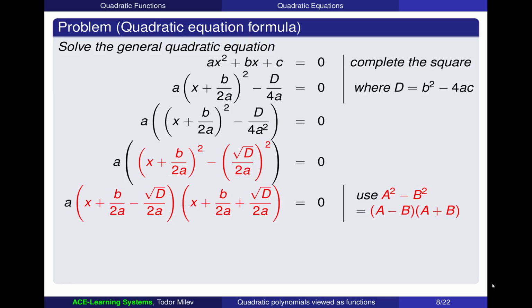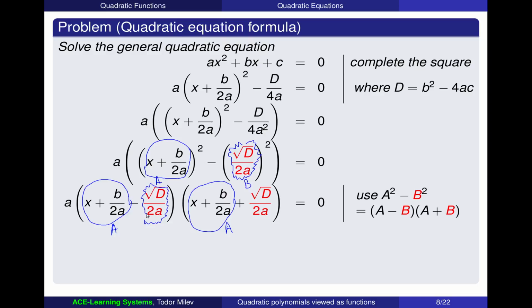And how does it factor? Well, when we are factoring a squared minus b squared, we get a minus b times a plus b, so that guy here plays the role of a. That is my a. And that expression here plays the role of b.